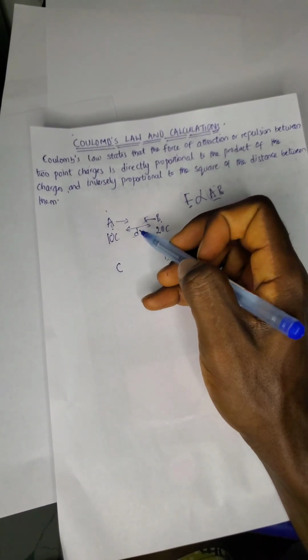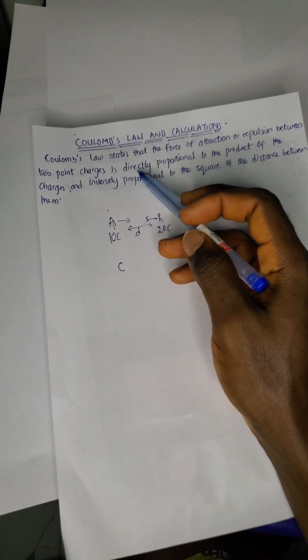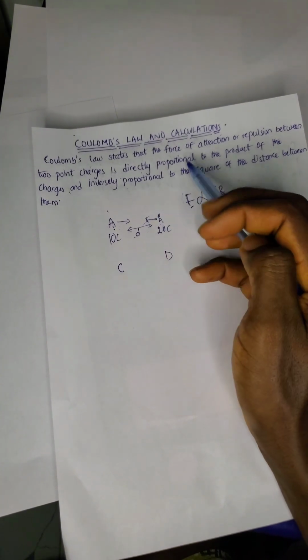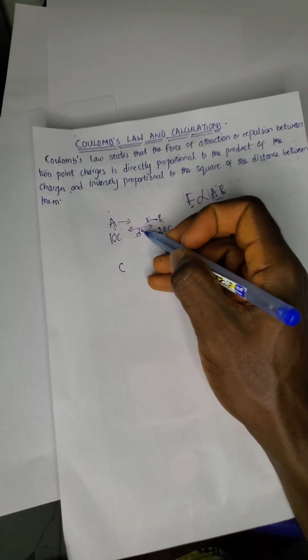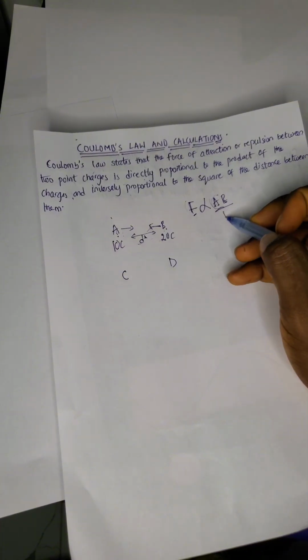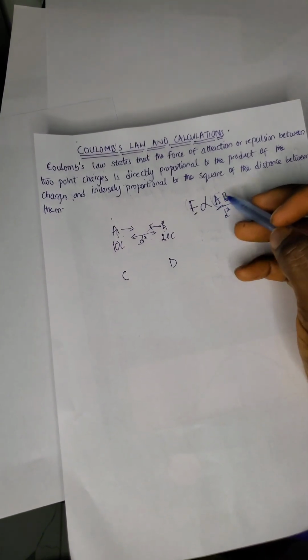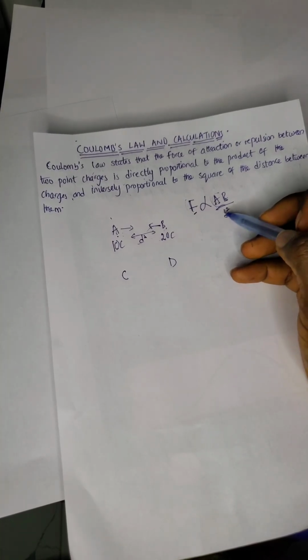Let's take it as D. So Coulomb said the force of attraction in this case is inversely proportional to the square of the distance between them. So distance square. To represent inversely proportional, use over D.